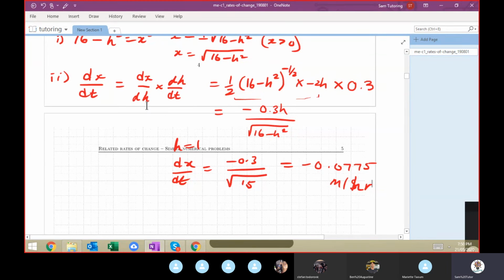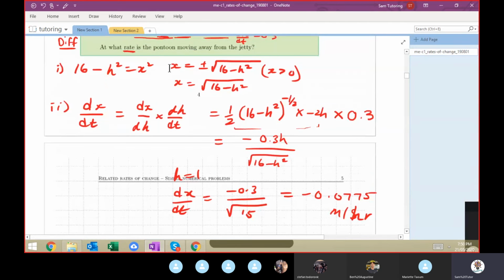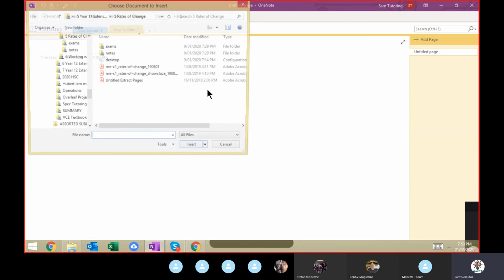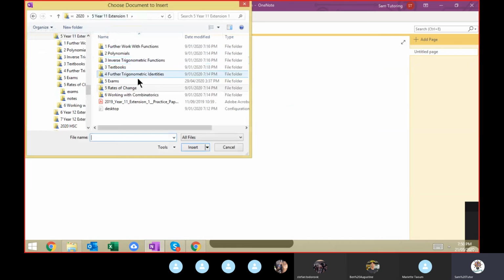So I'm going to stop from this booklet. I'm going to get to my booklet, which should just make things a little bit easier. So anyone still copying that down? Let's see. Where is it?